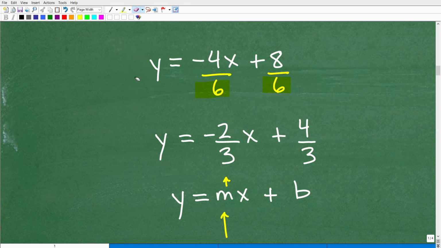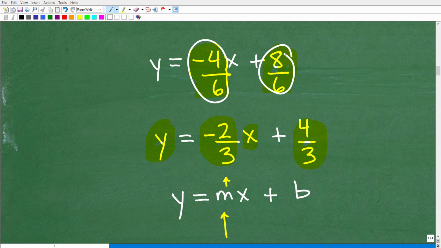So our slope is going to be this value in front of the x. However, we can see we have a fraction that is not fully reduced, so I can simplify negative 4 over 6 as negative 2/3. Now I just rewrote my line as y equals negative 2/3 x plus 4/3. I simplified the 8 over 6 fraction as well.